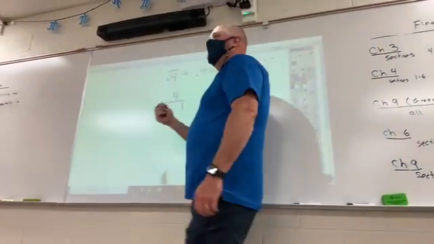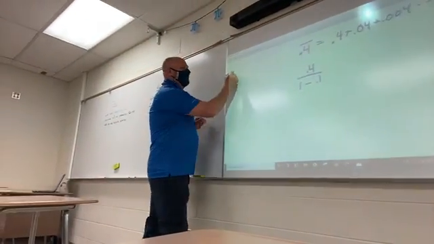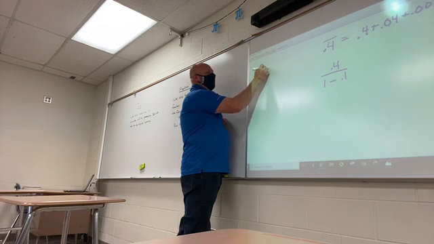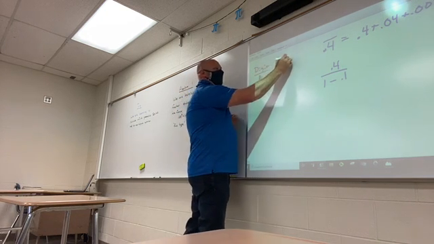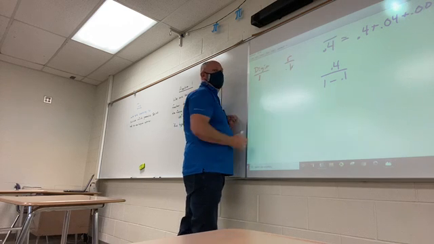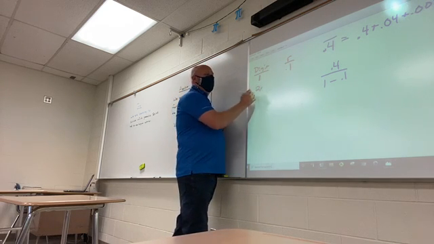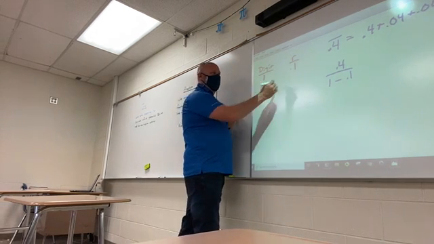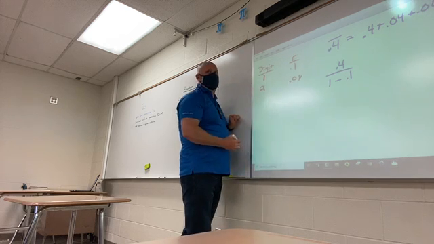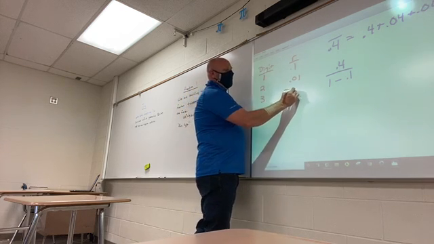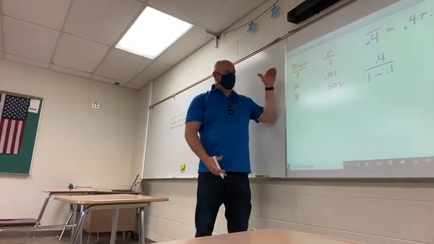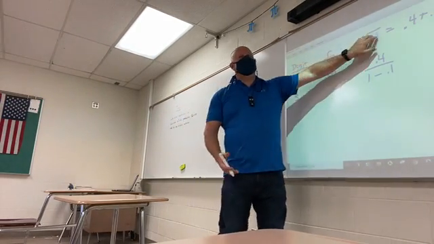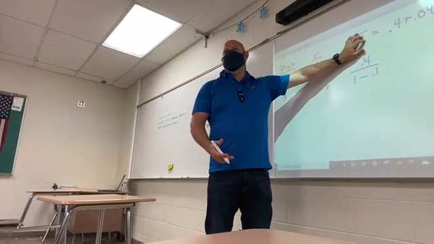Basically, when you do these, if there is one digit repeating, your R value will always be 0.1. If there are 2 digits repeating, your R value will always be 0.01. If there are 3 digits repeating, it's always going to be 0.001, and so on and so on. It just depends on how many digits are repeating.